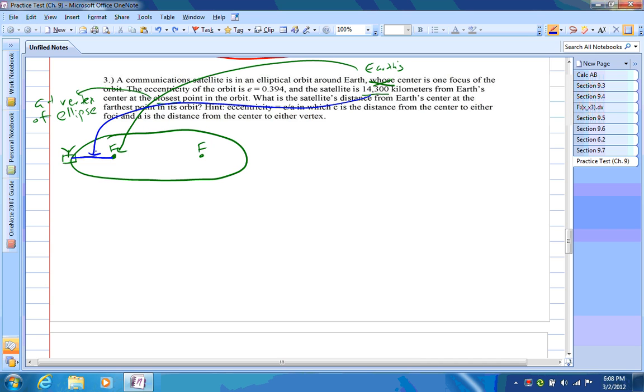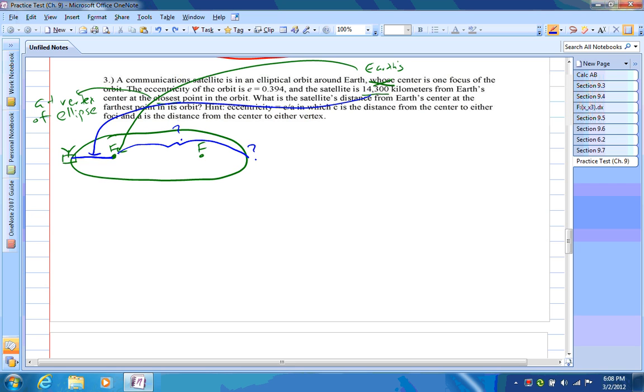What is the satellite's distance from the Earth's center at the farthest point of the orbit? So we basically want to know when the satellite's over here, where I just put the question mark, how far is it from the Earth at that point? That's what I want to find.